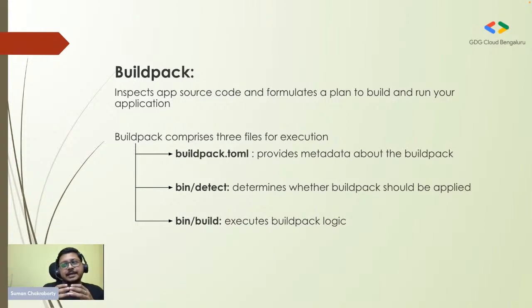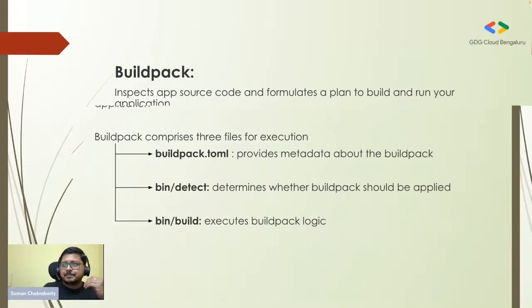While detect is where your platform detects the type of application that you are going to build on your environment. Bin/build is basically executing the buildpack logic. Once it has detected which buildpack should be applicable for your application, it determines and runs the correct builder logic on that particular run image.